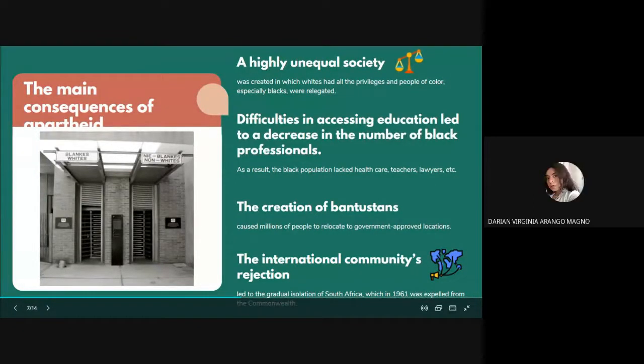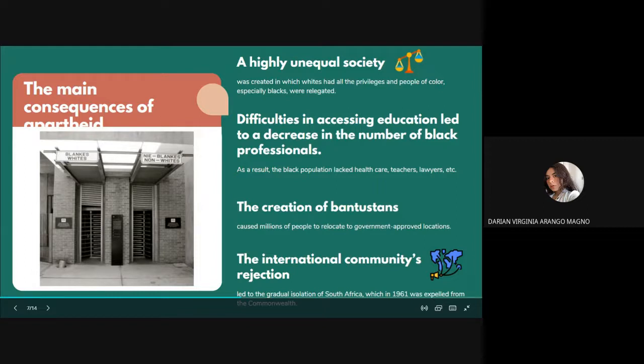Okay, so now, in that sense, the main consequences were, first, a highly unequal society was generated in which whites had all the privilege and people of color, especially blacks, were relegated. Schools, hospitals, and services in general for the black population were precarious and of inferior quality.